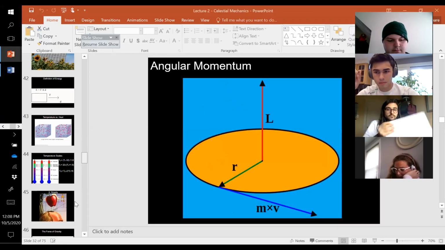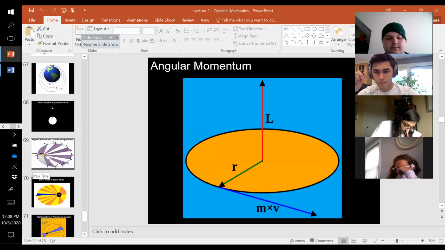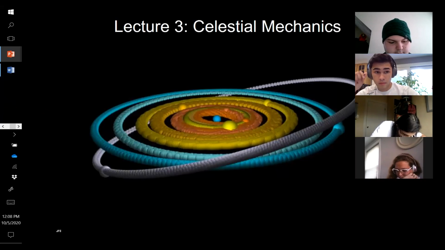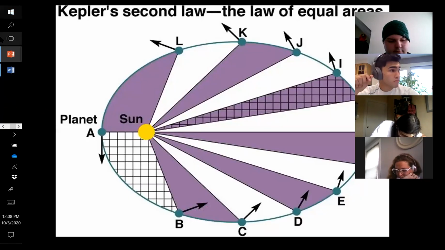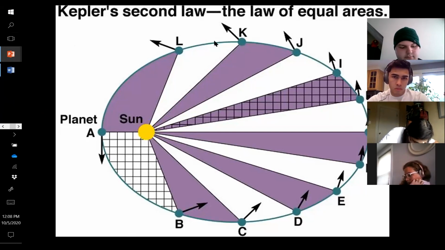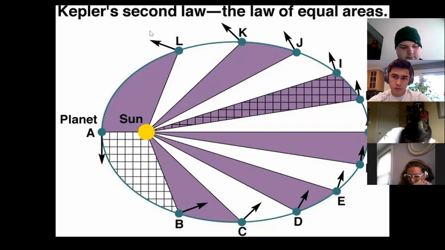Now, as a planet orbits the sun, the mass of the planet is not allowed to change unless, I don't know, maybe you broke off a big piece of it in an asteroid collision or something. Usually planets keep a conserved mass. So what's happening is when the planet comes in close to the sun, this distance here, which is its radius of orbit, begins to shrink.